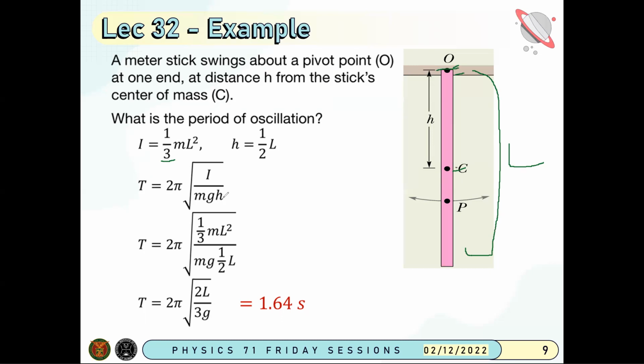So it's just h, and h is 1/2 L. Yung I natin, yung moment of inertia, is 1/3 ml squared. Right? So magka-cancel yung isang L, magka-cancel yung m. Matitira ka na lang ng 2/3 L over g, 1/2 mapupunta sa taas.